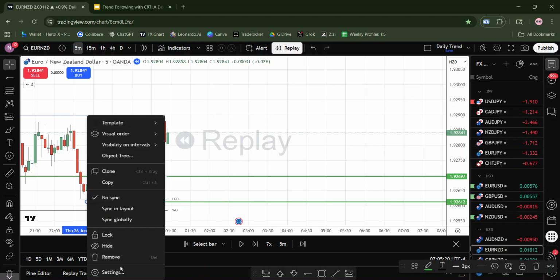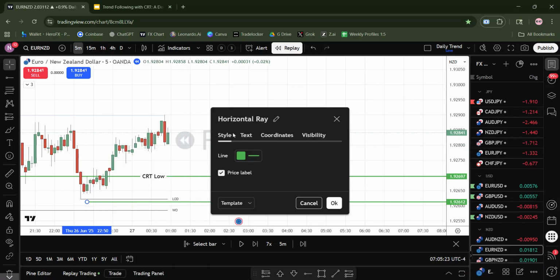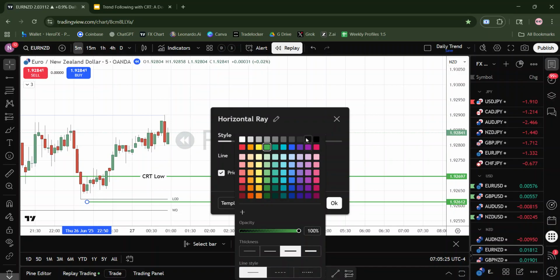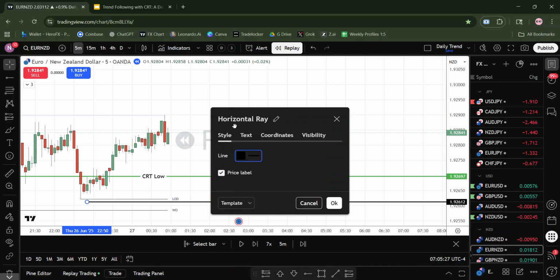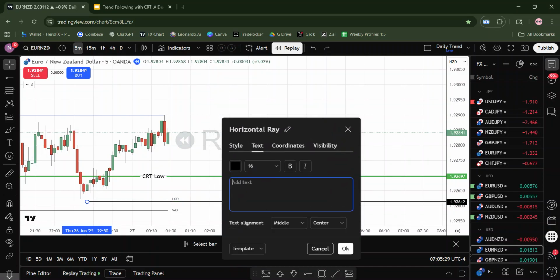Let me make this line black. So these are your stop loss options. Okay, SL for stop loss.